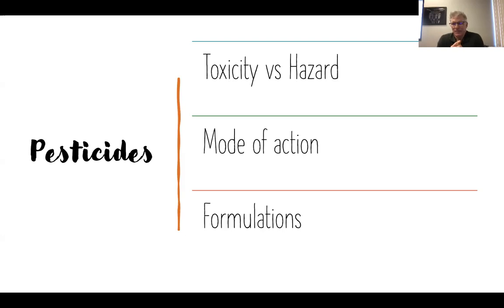We actually have pesticides now that prevent chitin, which is the hardening protein for the insect's body, from hardening up. So the insect stays relatively soft and pliable and loses the moisture out of its body and dies.